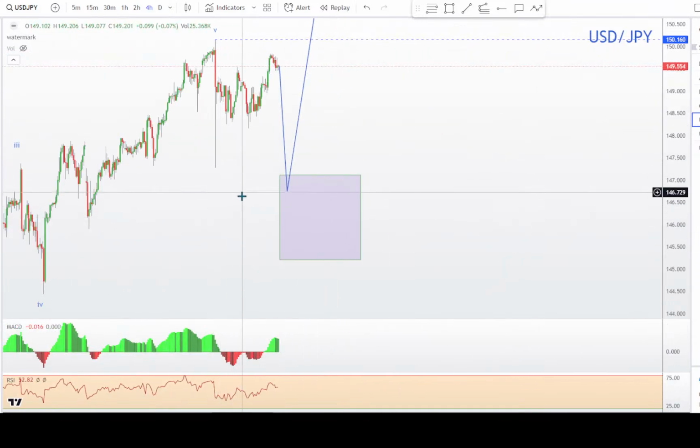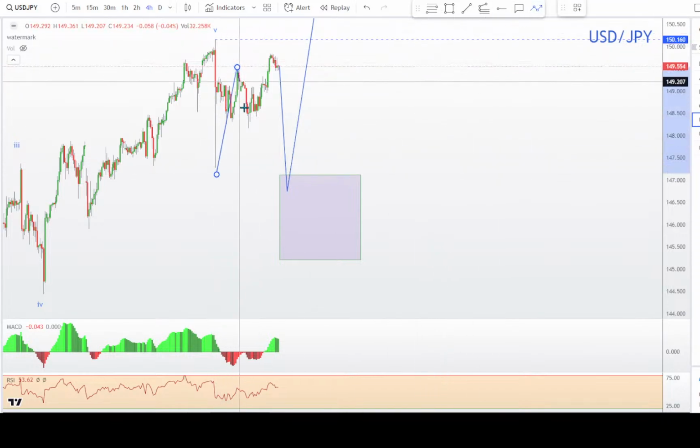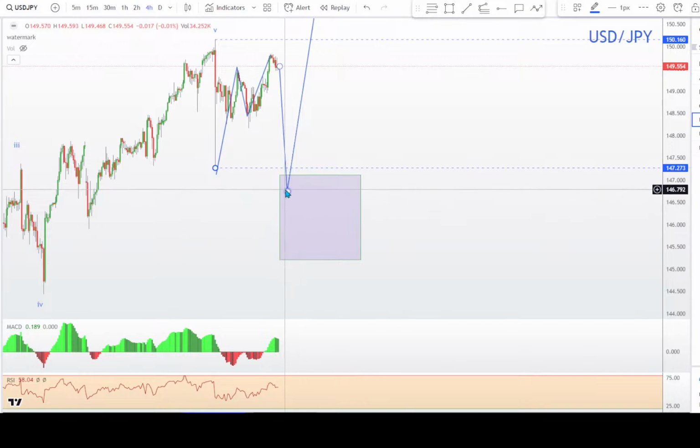So at that spike, so far we got a three-wave move up, 1, 2, 3. So I'd really like to see it sell off and then take out that low, and really come down even into this zone here.